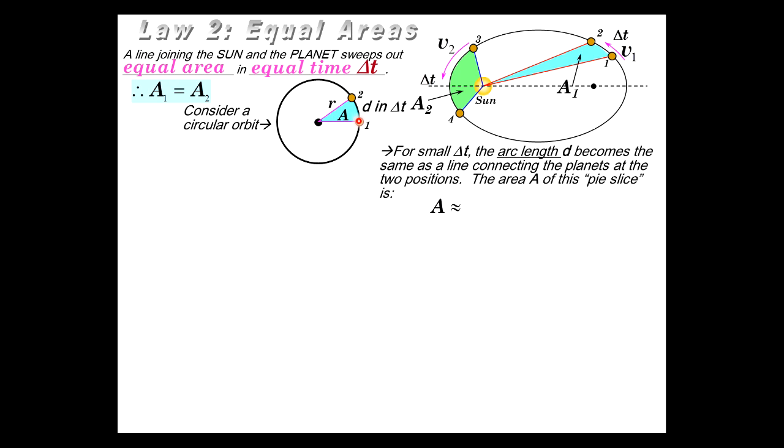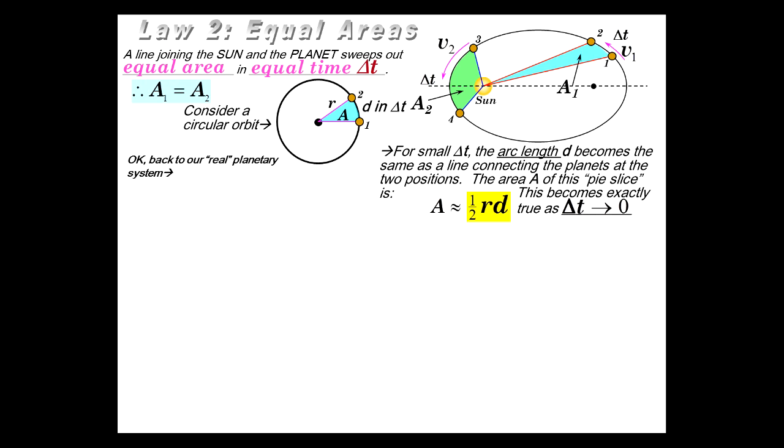This arc length and a line connecting 1 and 2, those two distances end up being the same as delta t becomes very small. All right, so that's calculus thinking. Those two lengths, the arc length and the actual chord length, become the same as delta t approaches 0. Which means that we have a skinny triangle, and the area then is 1/2 the radius times the d. So that becomes the exact area as delta t goes to 0.